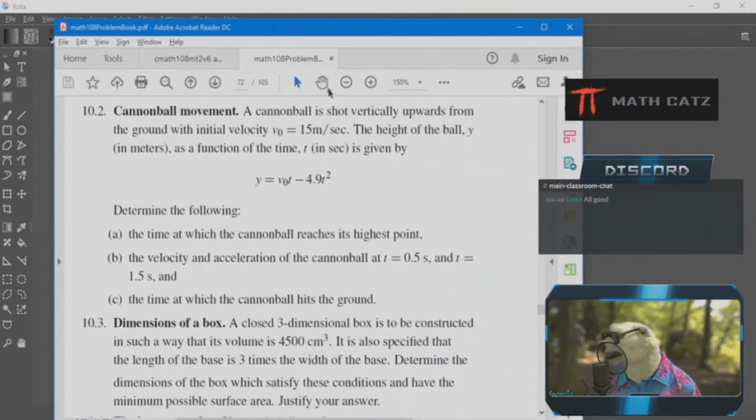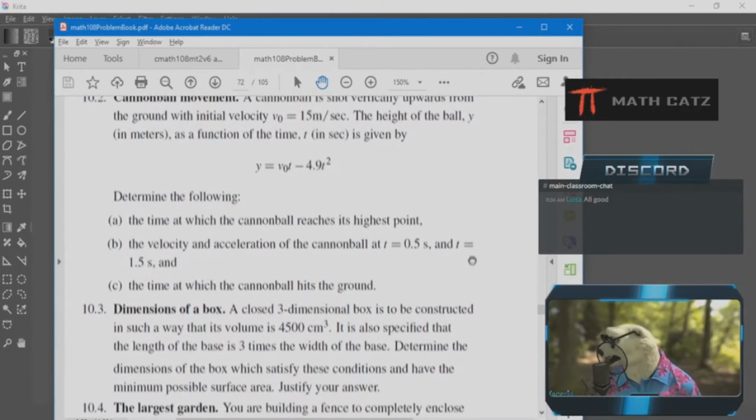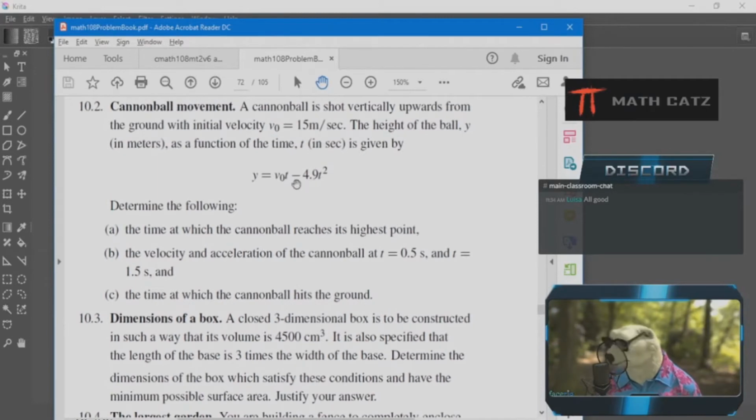All right, so last time we did problem 10.2 as an example, where the function was given to me, the variables were defined for me. So the first part of the word problem solving steps were done for me.